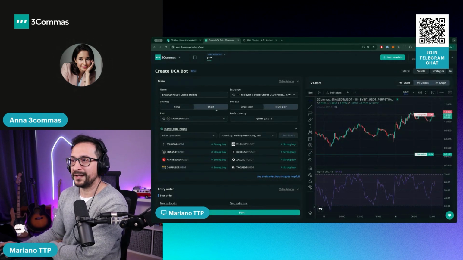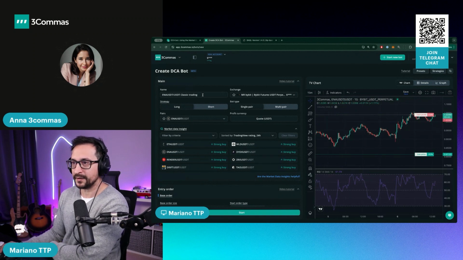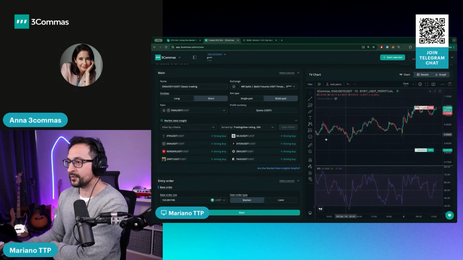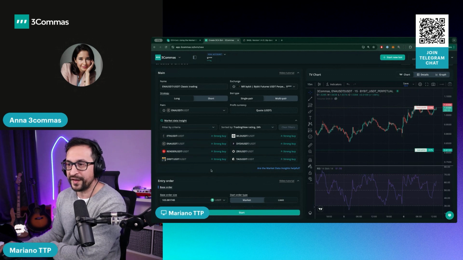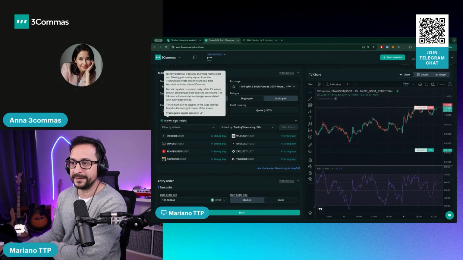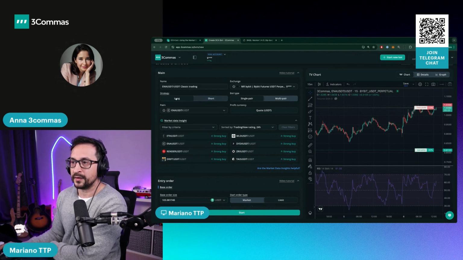So this is the DCA bot. And thanks to the new layout, now we have the option to see the chart and the settings of the bot on the left-hand side. I mean, you can change everything from the settings in here, but this is the way I use it. So one of the cool things that you can do with the market data insights is, let's say one day you are feeling like taking a short.